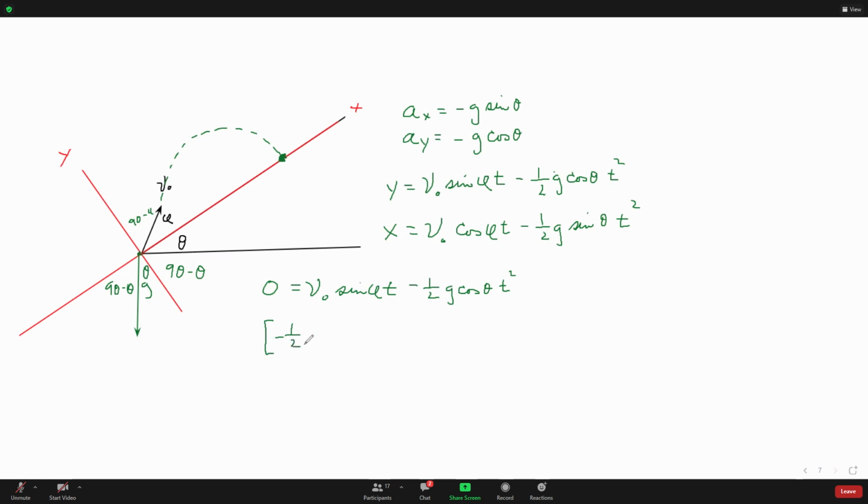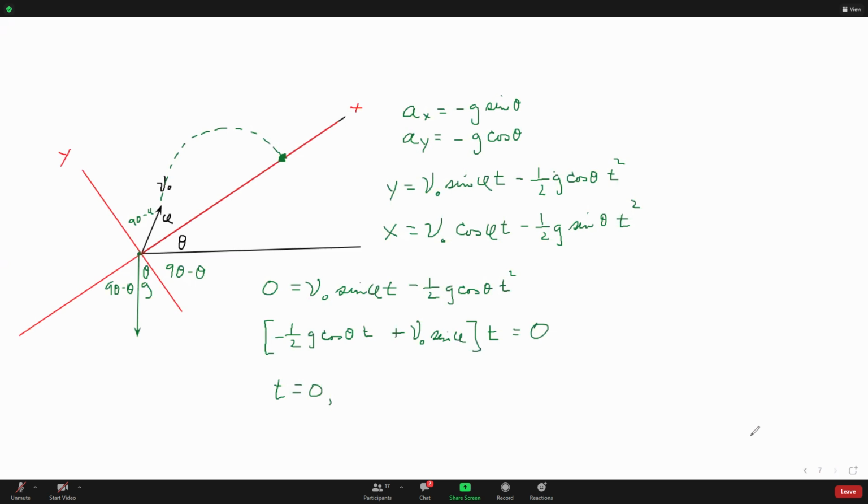Minus 1/2 g cosine theta t plus v0 sine phi, factored out the t, and my solutions are t equals 0 and the solution of this.